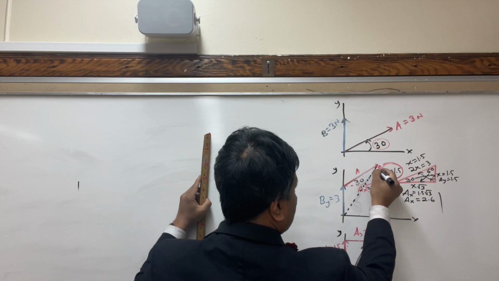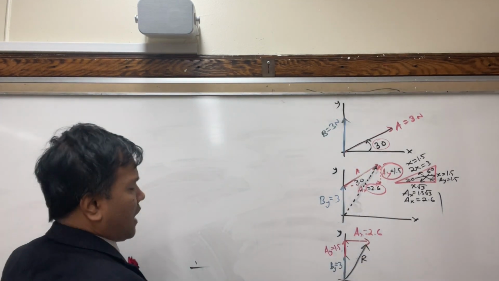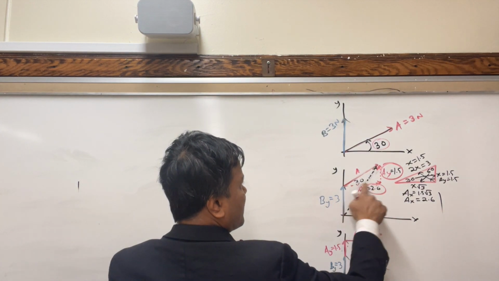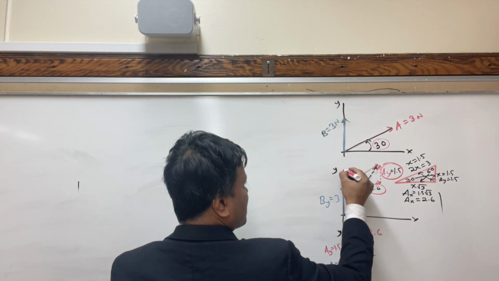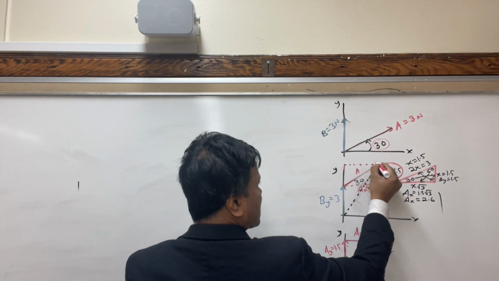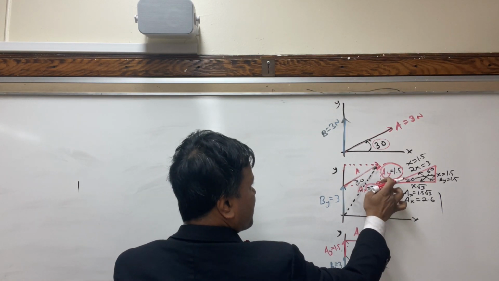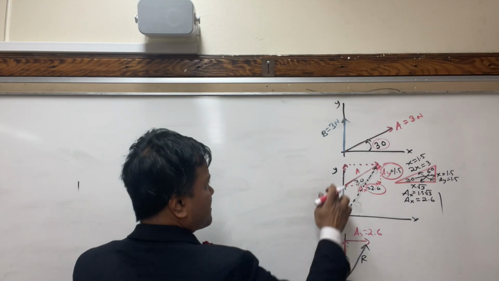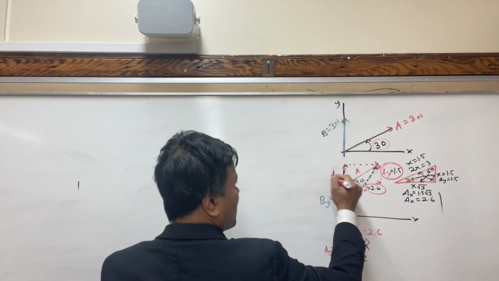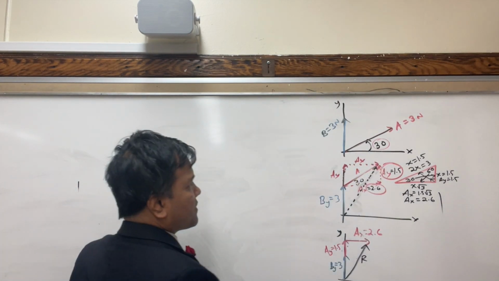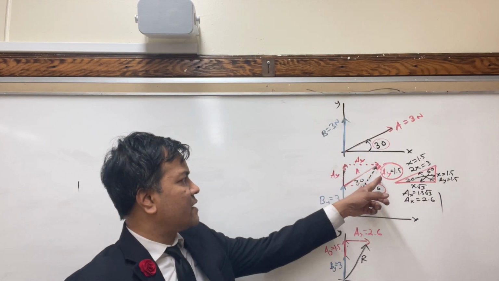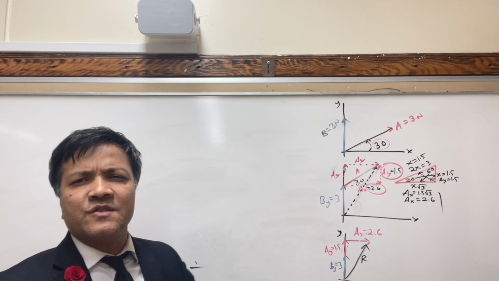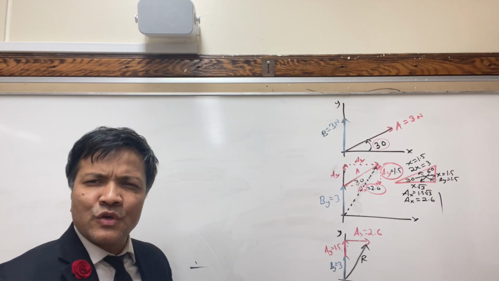This is also the resultant. If you move this red vector ax over here, and if you move this red vector ay over here, that would not be a problem, ay and ax, without changing any direction. So far so good.